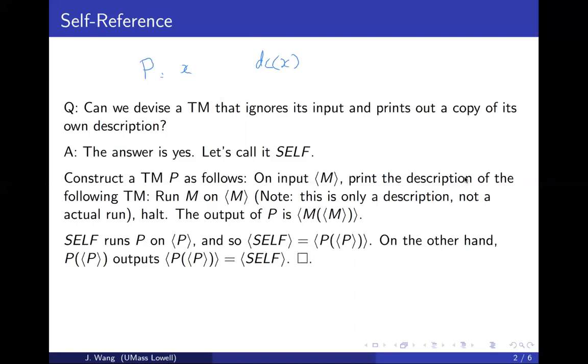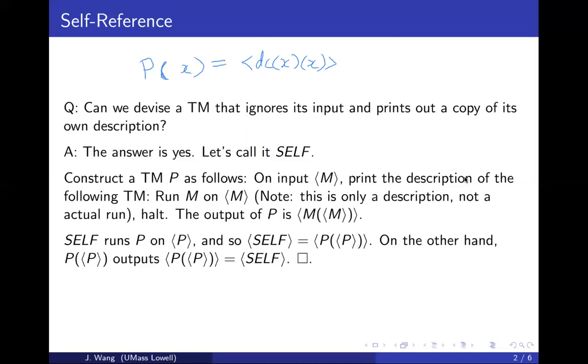Then that Turing machine, I'm going to just run on this input X. That is going to be the output of P on input X.